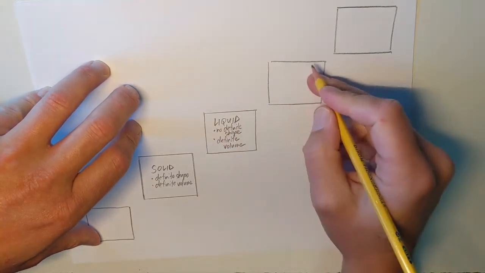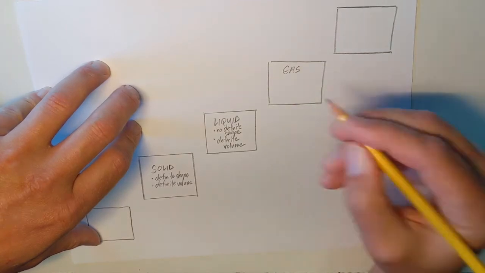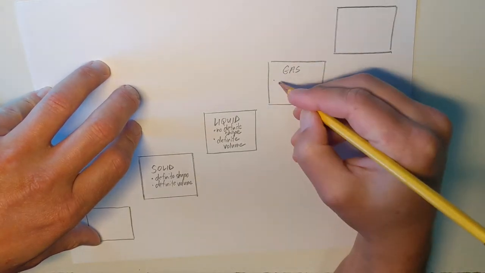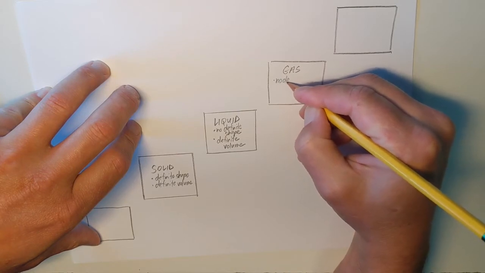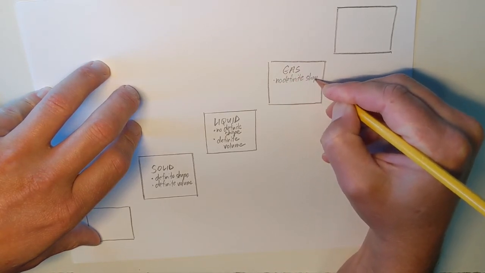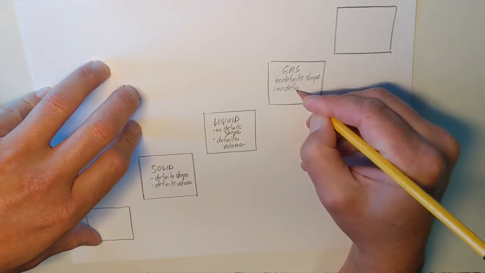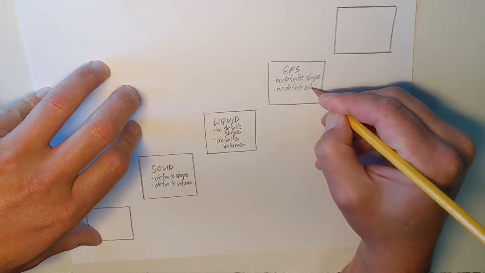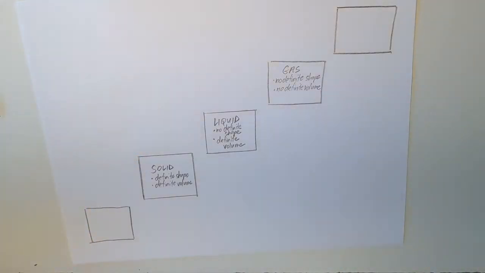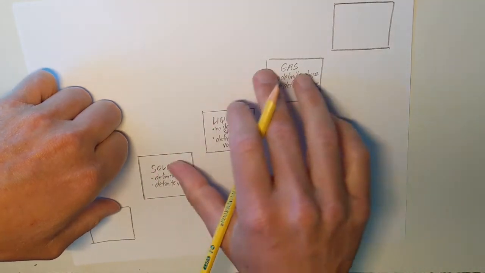And then we're going to go up one more, and we get to the next state of matter, which is gas. If you think about a definition, no definite shape and no definite volume. Remember that? So there we go, our 3 main states of matter.